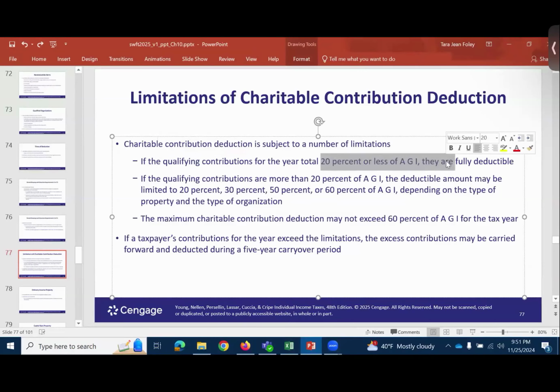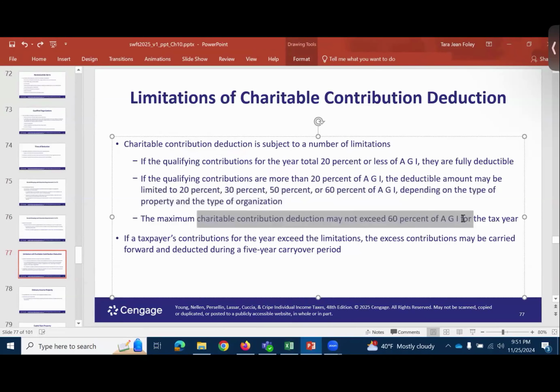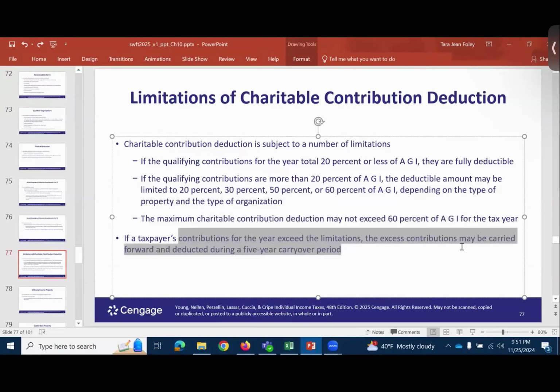If the amount I'm deducting is more than 20%, I now have to limit it to 20, 30, 50, or 60%, depending on the type of organization. The maximum amount cannot exceed 60% of my AGI for the tax year. If I exceed it, I have to carry it over.